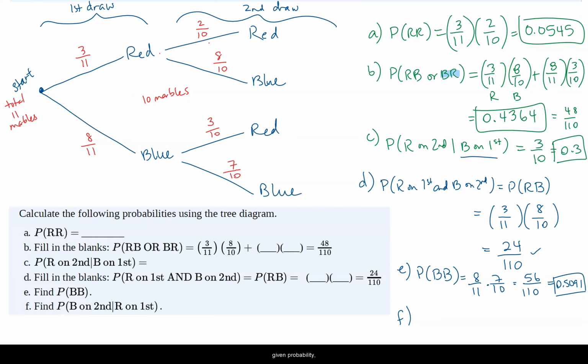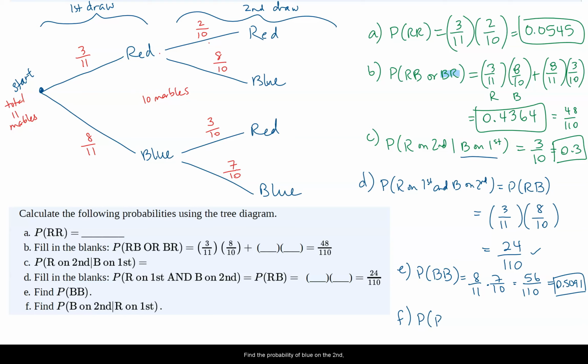When we're talking about a given probability, we only want the second branch probabilities. We're not multiplying them together because we know the first draw has already happened and we already know what that first draw is. So we don't want to consider the probability of the first draw. Take a look at F.